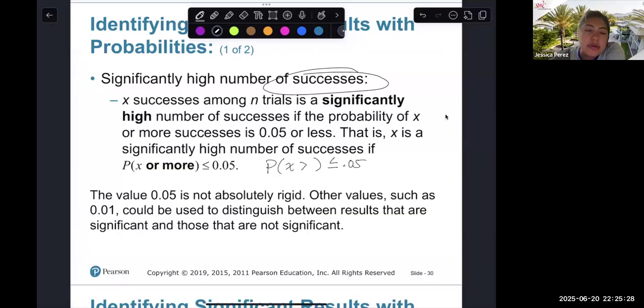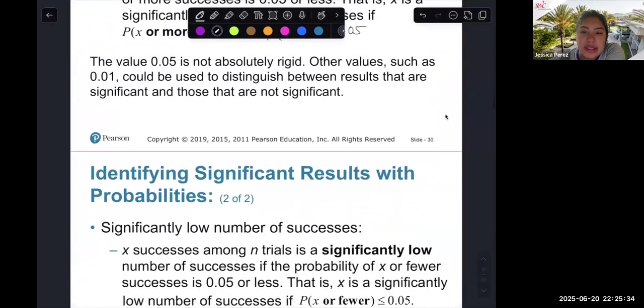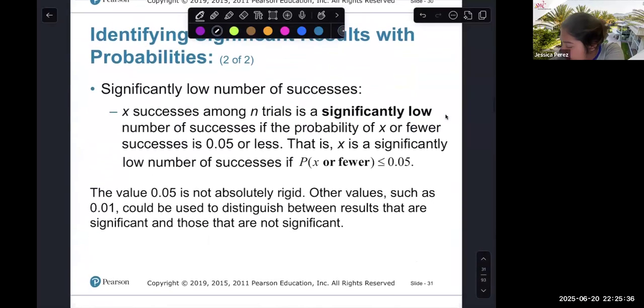So again, 0.05 is not absolutely rigid. Again, this takes you back into what's significantly high, what's significantly low. Now this one is P of X or fewer less than or equal to 0.05. This would be significantly low. Again, X is the number of successes among N trials, and it would be significantly low if the probability of X or fewer is 0.05 or less.